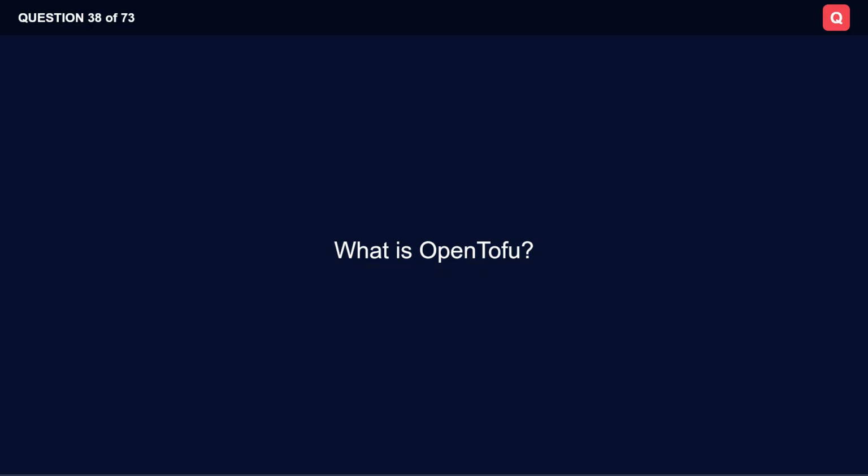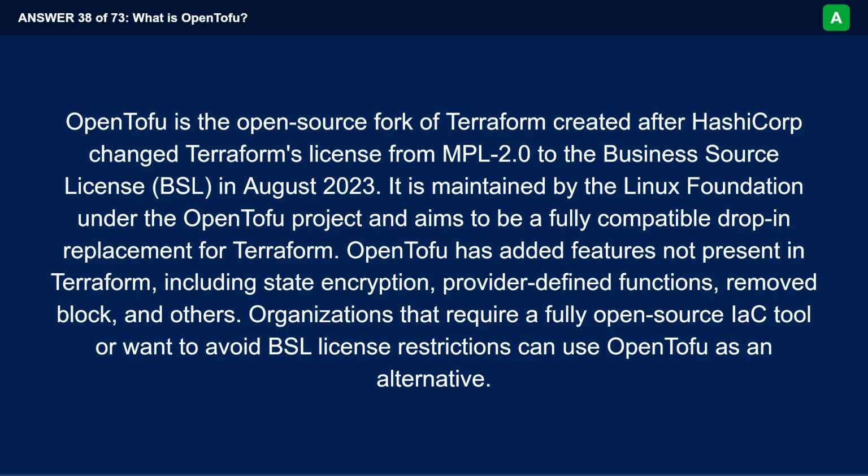What is OpenTofu? OpenTofu is the open-source fork of Terraform created after HashiCorp changed Terraform's license from MPL 2.0 to the Business Source License, BSL, in August 2023. It is maintained by the Linux Foundation under the OpenTofu project and aims to be a fully compatible drop-in replacement for Terraform.